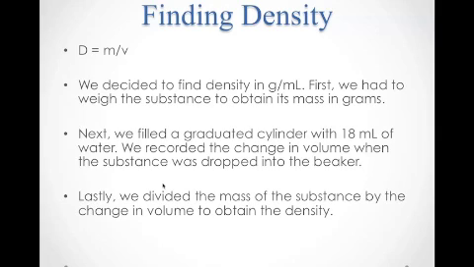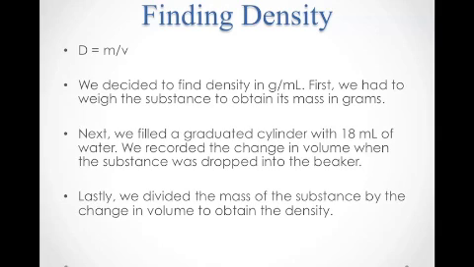And then we filled a beaker with about 18 milliliters of water and dropped all our little pellets of mystery metal into it and recorded the change in the volume of water. And that change is equal to the volume of the mystery metal. And to get density, all we had to do then was divide our mass by our volume.